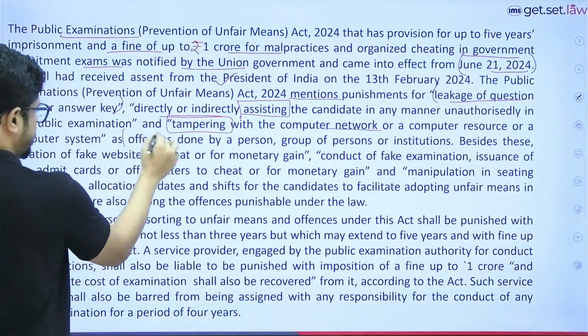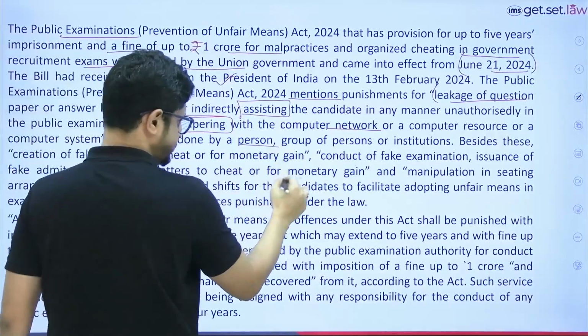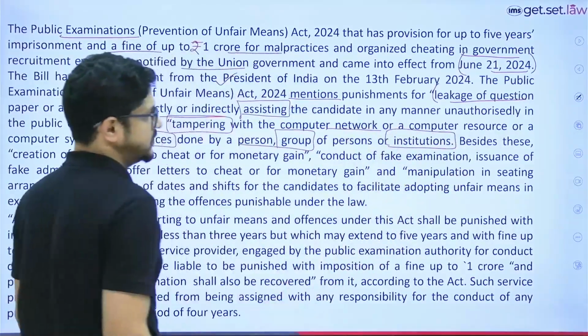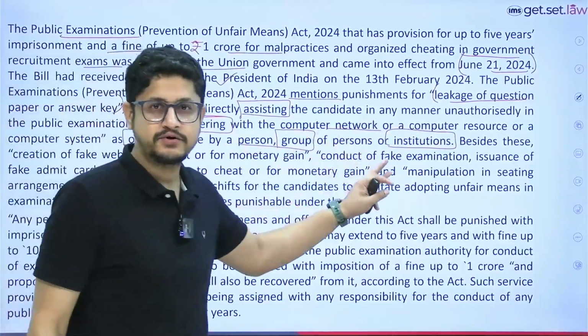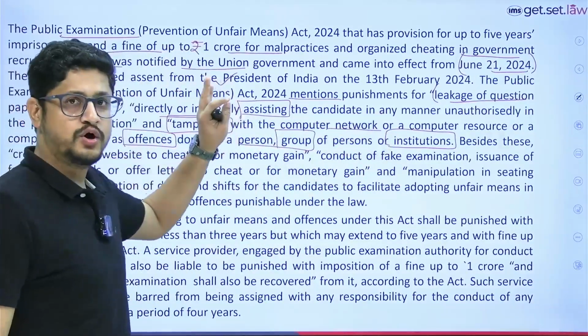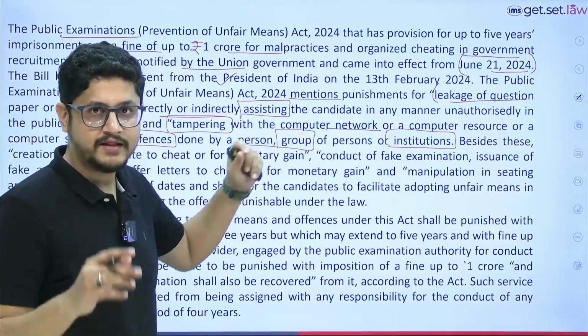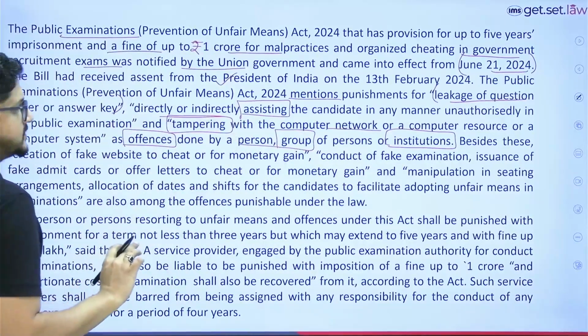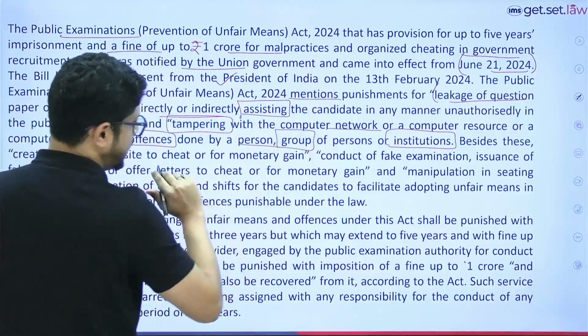These are considered to be offences done by a person, group is also included, or any institution who is engaged in this. So there have been multiple cases related to cheating, unfair means or the unfair practices which have been done by the people under the cheating of the UPSC exams and the other banking exams also. So that's why this was there in that year.